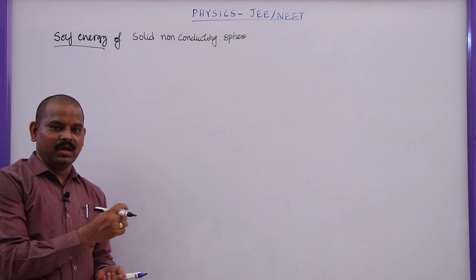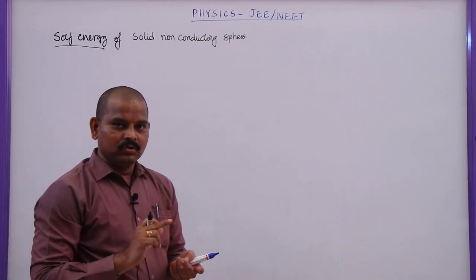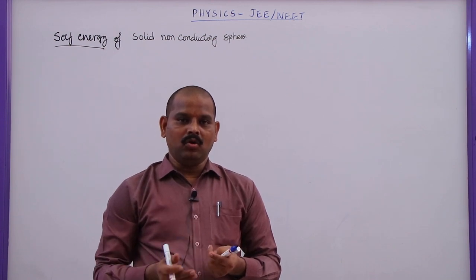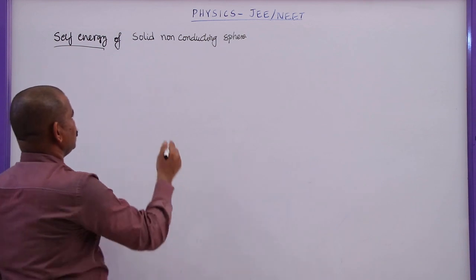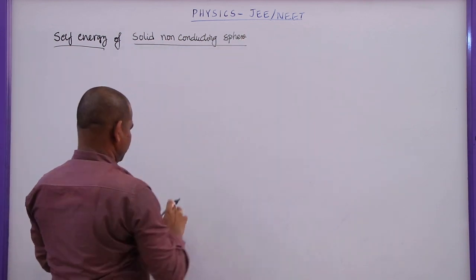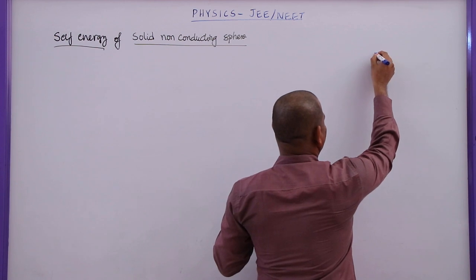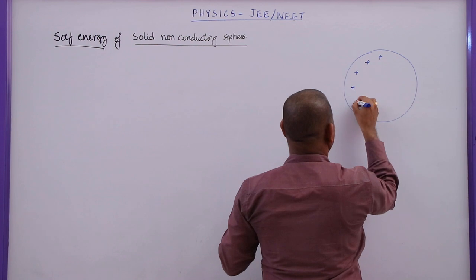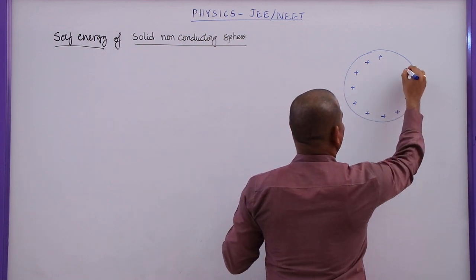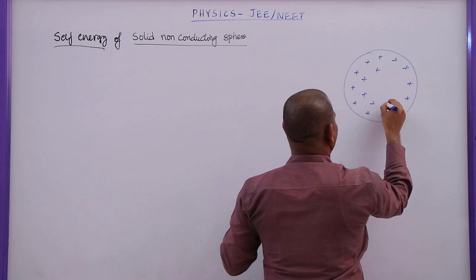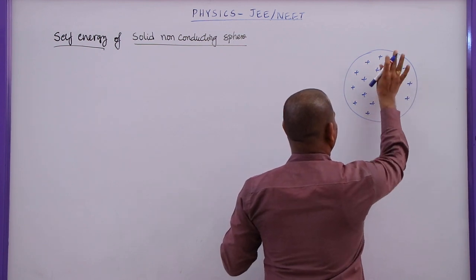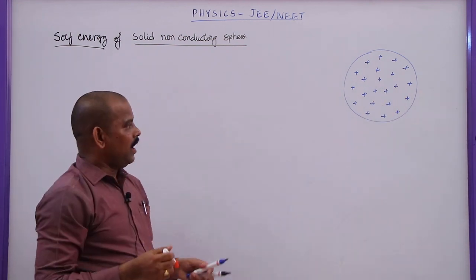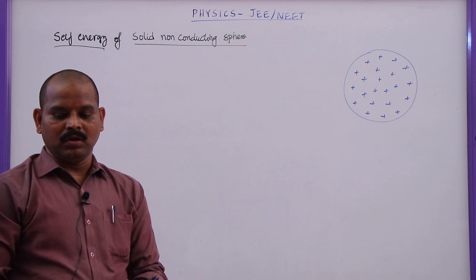Just now we derived an expression for the self energy of a solid conducting, hollow conducting and hollow non-conducting sphere. Suppose it is a solid non-conducting sphere. So let me take one solid non-conducting sphere, with charge distributed throughout its volume. Now I need to arrange some more charges onto this one.